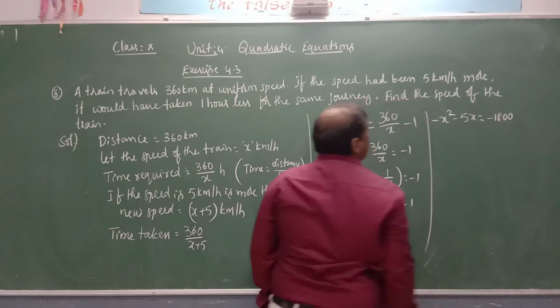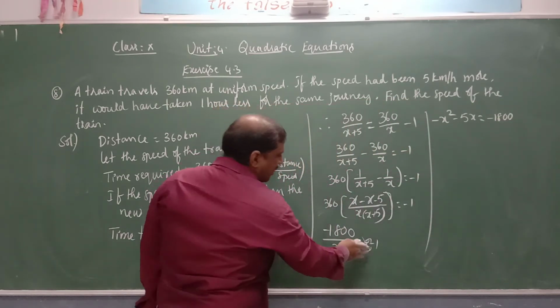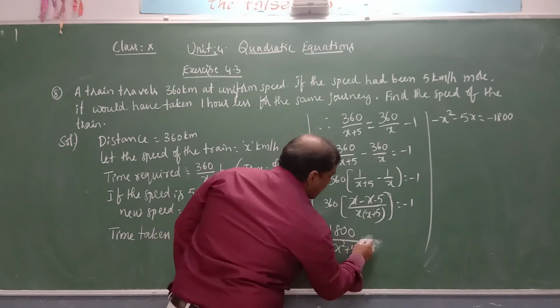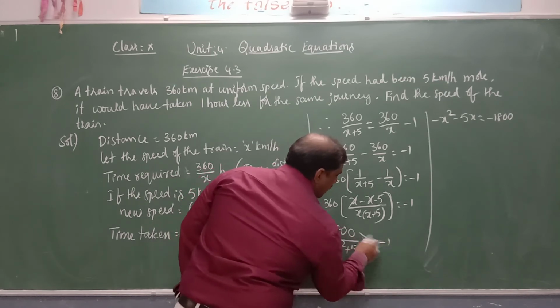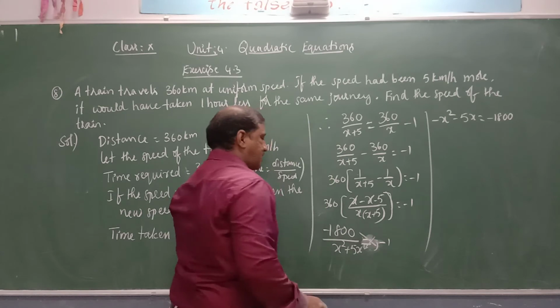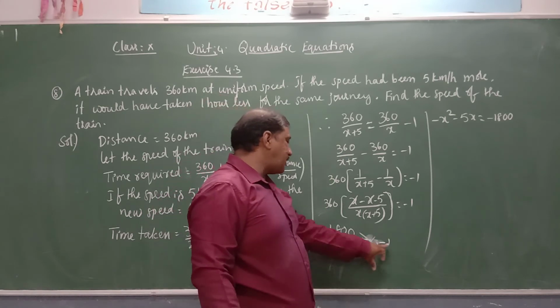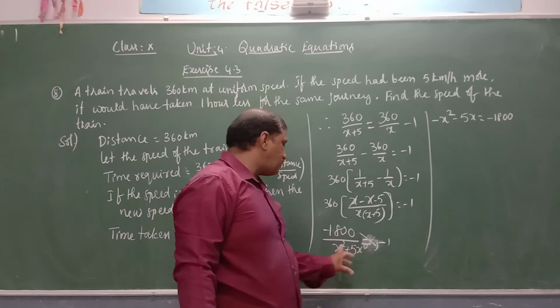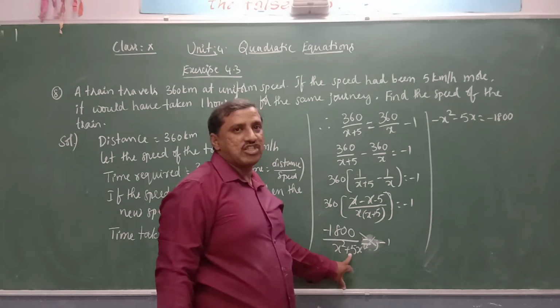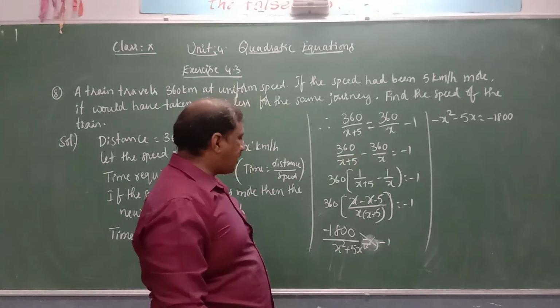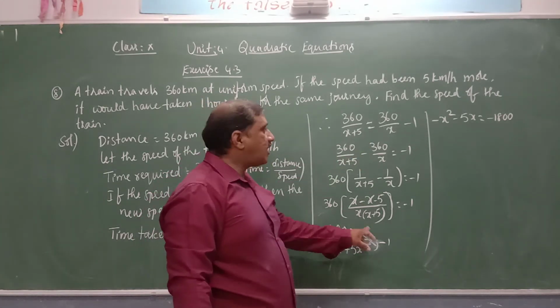We will get x square plus 5x into minus 1, the same will get but the sign will change, that is minus x square minus 5x and minus 1800.